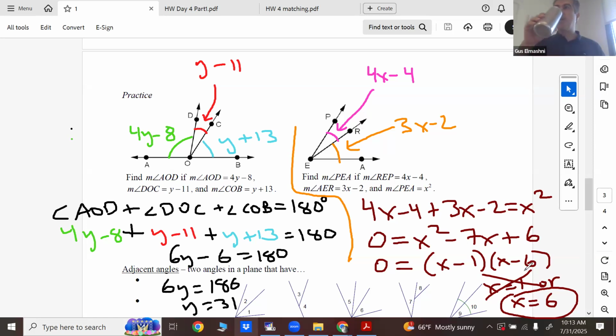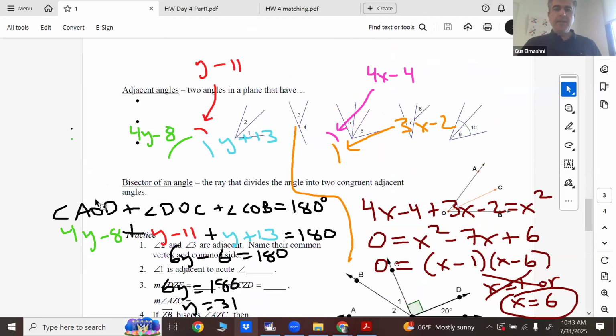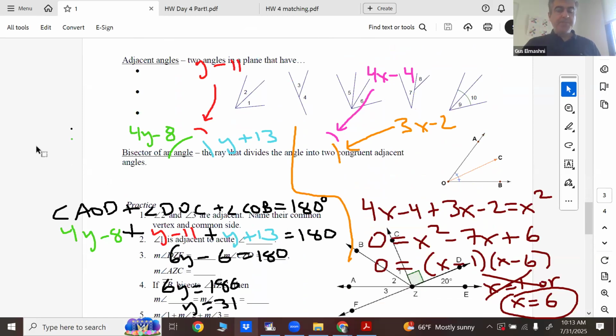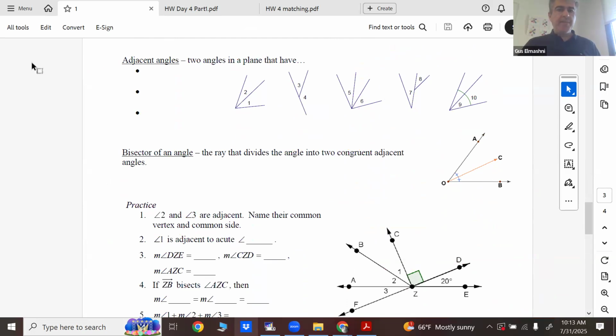Okay. Question on that one? All right, let's keep going. Adjacent means next to. So two angles that have the same vertex.